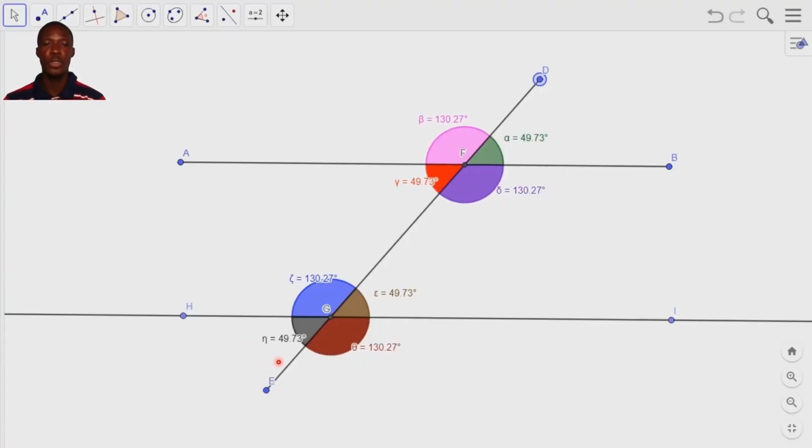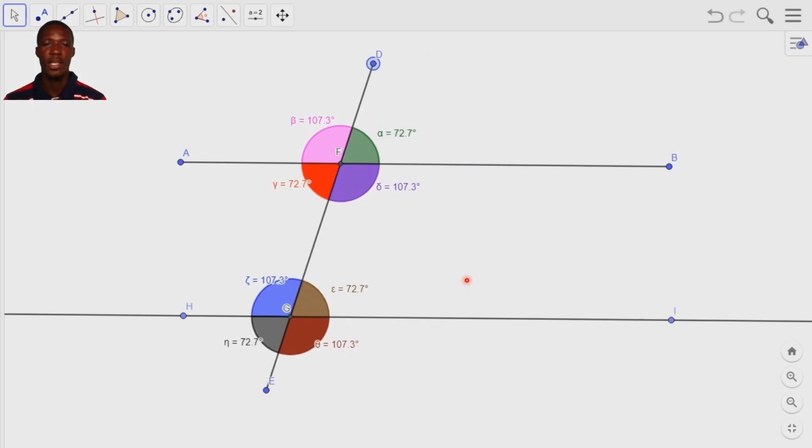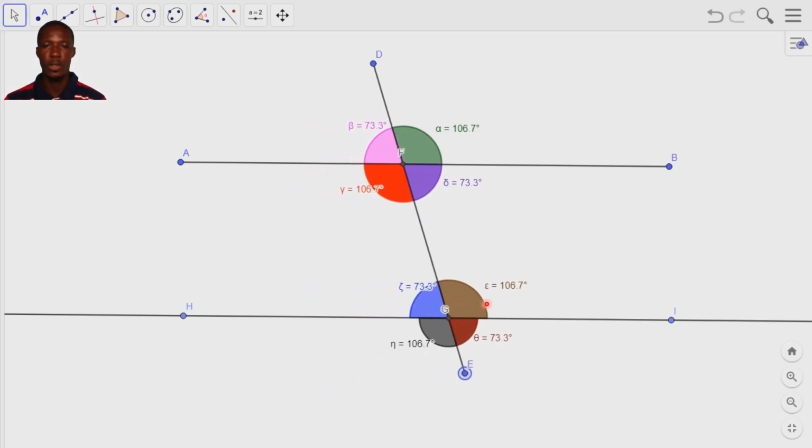Now let's change the position of the diagram to see whether our properties will be maintained or whether the values were like that because they were fixed. So now look at them. This now becomes 72.7, and then we see it alternates. Okay, you should be pausing the video to check the values.